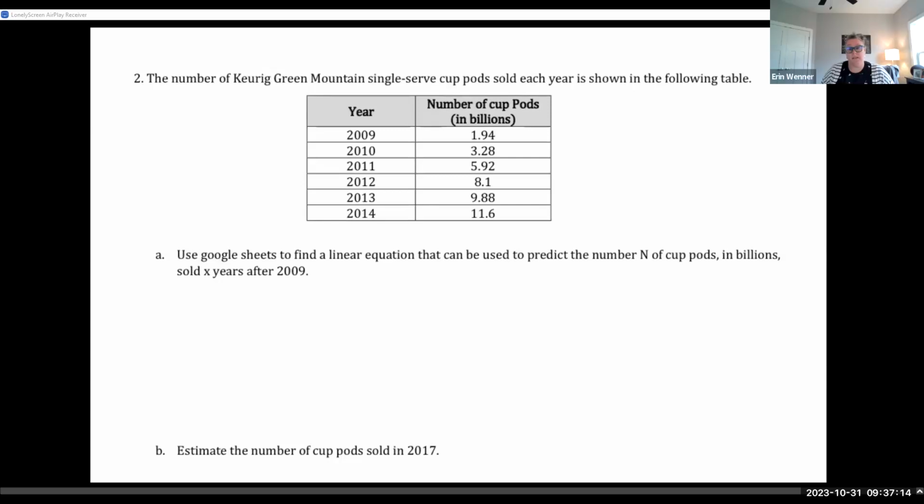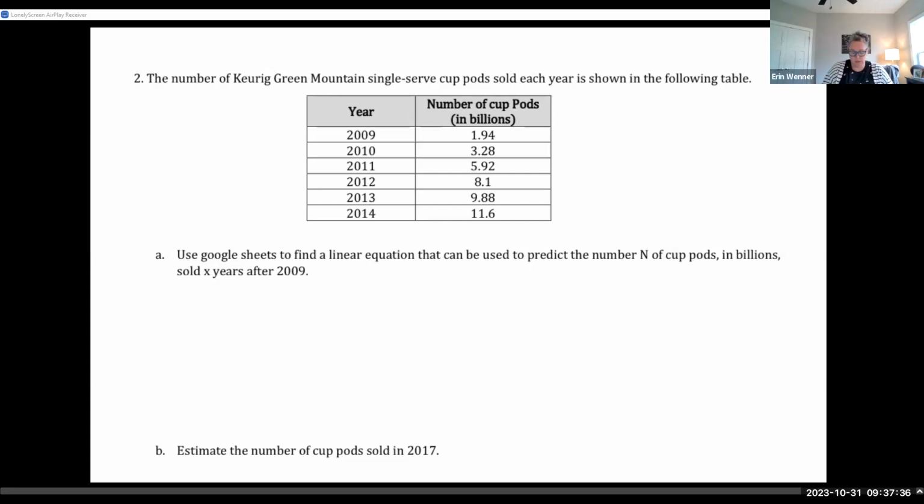So as we can see from the notebook page, it says the number of Keurig Green Mountain single-serve cup pods sold each year is shown in the following table. So in 2009, there were 1.94 billion cup pods sold, 2010, all the way through 2014.